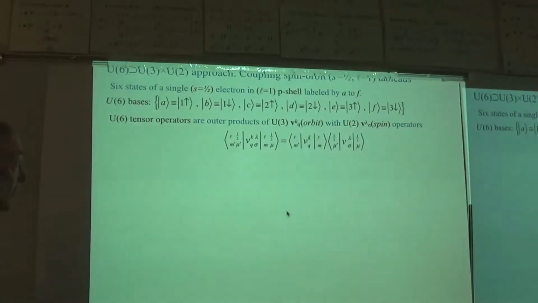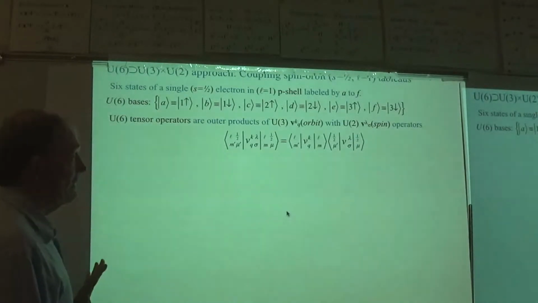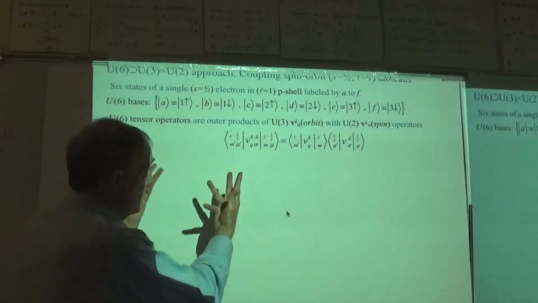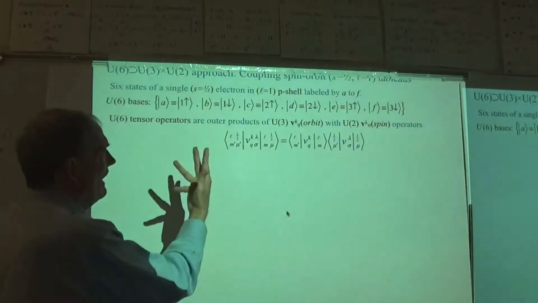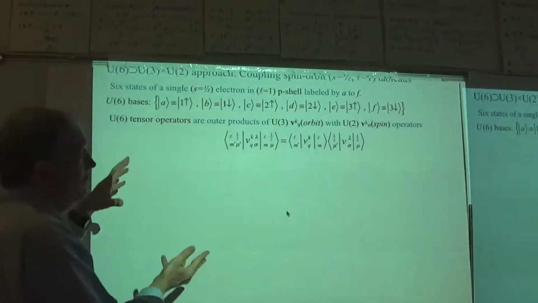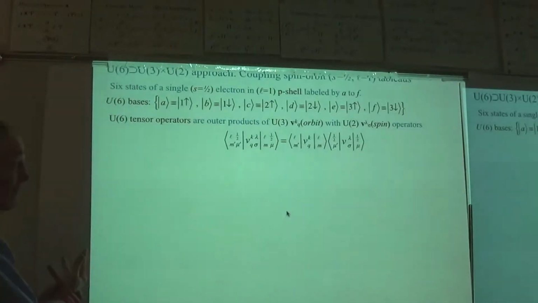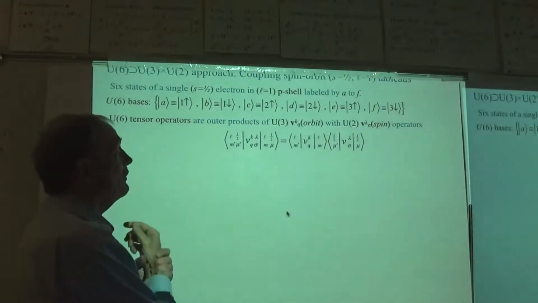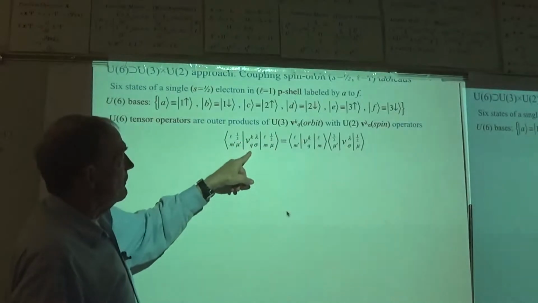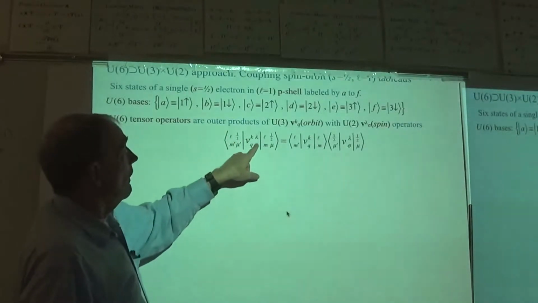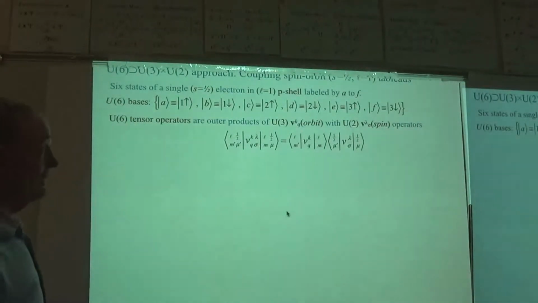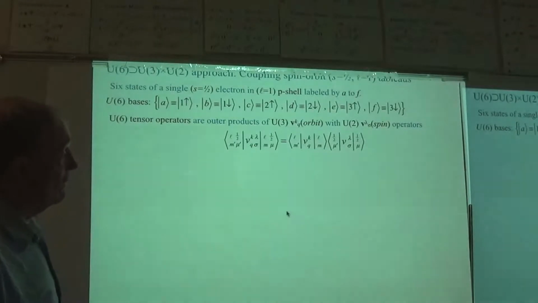And if we're going to do U6, we're going to need tensor operators to go with it. Before, with our orbit, we had 3, so we had to come up with 9 operators. That's 8 if you don't count the identity operator, which doesn't do much but sets your origin. So here, with 6, we got 36 tensor operators to play with. Okay, the 9 from there, and then the 4 that come from having this extra tensor there for spin 1/2. That's dimension 2 squared is 4.